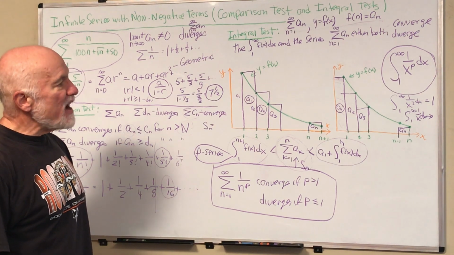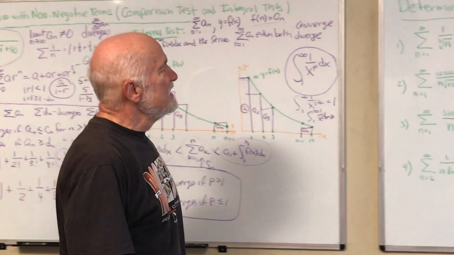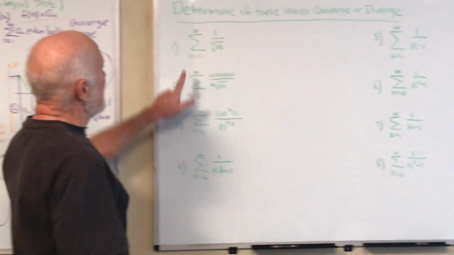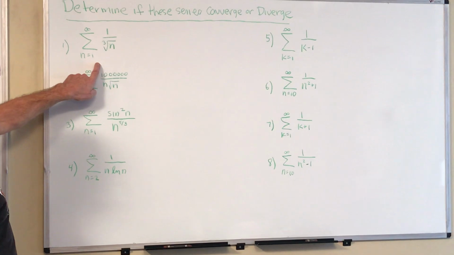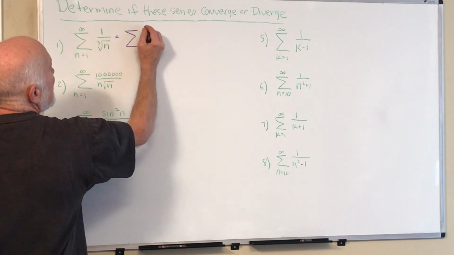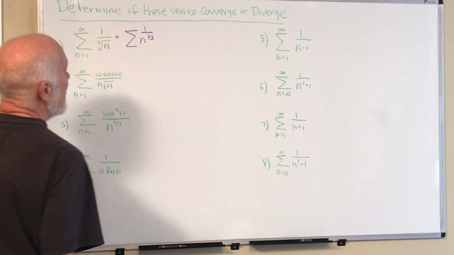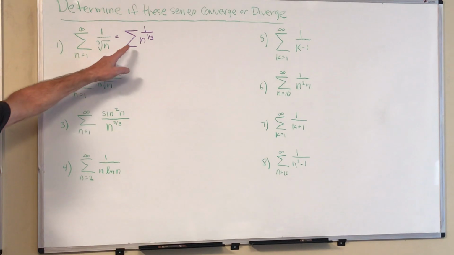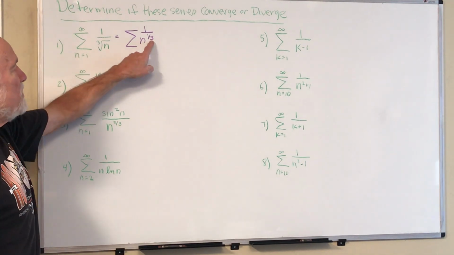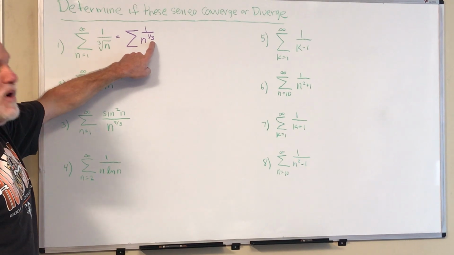So let's try to do a few problems with the tests that we know so far. Okay, number 1. If you just rewrite this as 1 over n to the 1/3, our job is done. This is now a p-series. It's 1 over n to the p, and p is less than or equal to 1.